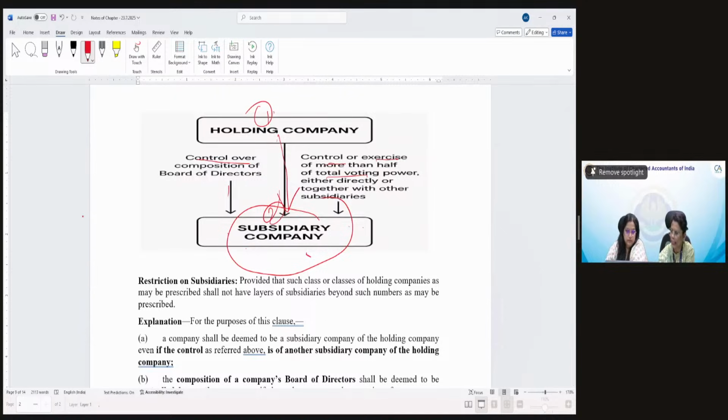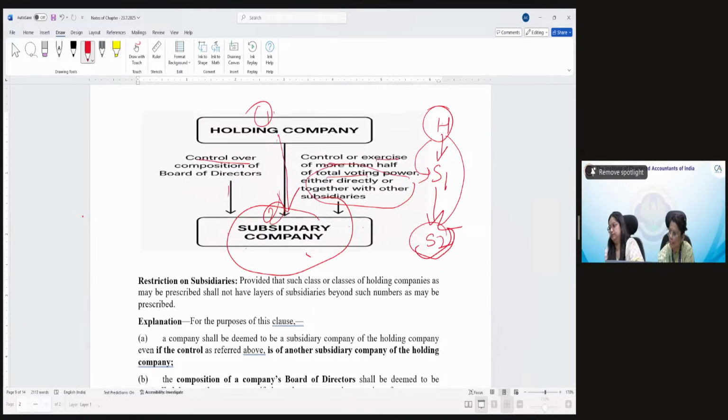One more thing in an example: suppose this is the holding company, this is the subsidiary S1, and this is again a subsidiary S2. So this holding company can have holding in both the companies. And suppose S1 is controlling the holding in S2, then since S1 is the subsidiary to H, S2 will also automatically become the subsidiary to the holding company.